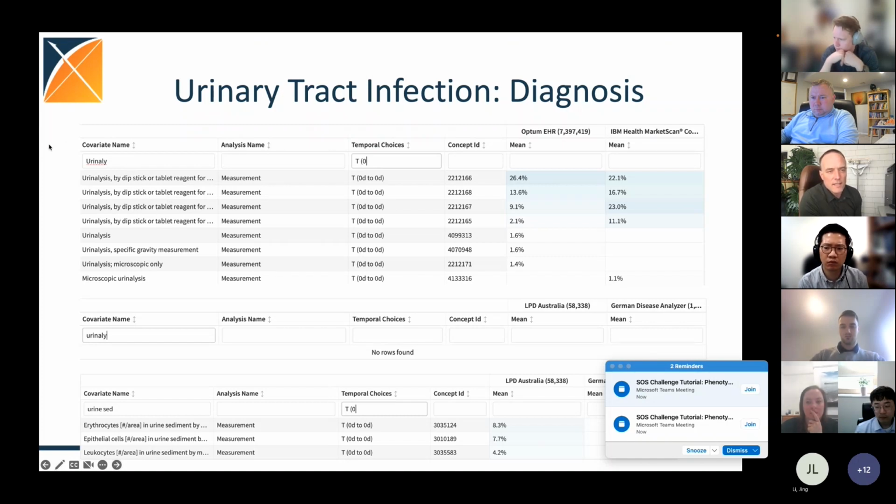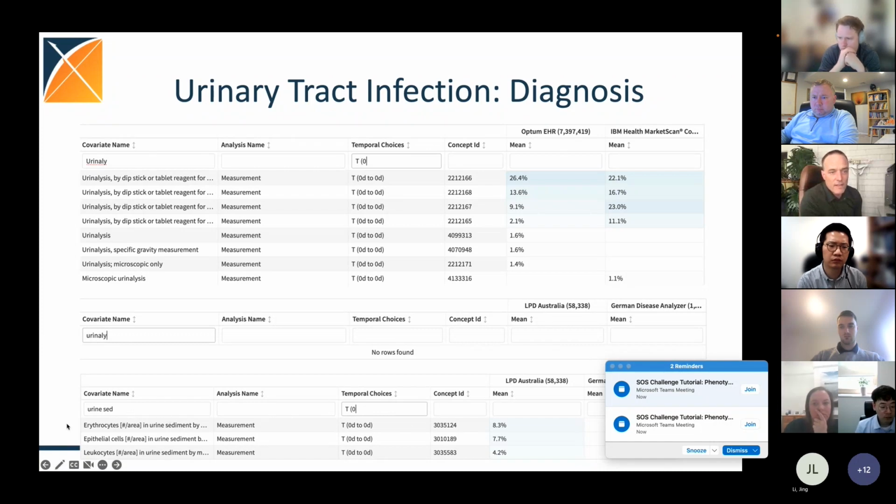And just to highlight what I mentioned about database heterogeneity, in looking for urinalysis, I could find that evidence within Optum and MarketScan, for example. So about 26 to 22% seem to get some kind of representation of urinalysis in the measurement domain, but none by that covariate in Australia or Germany.